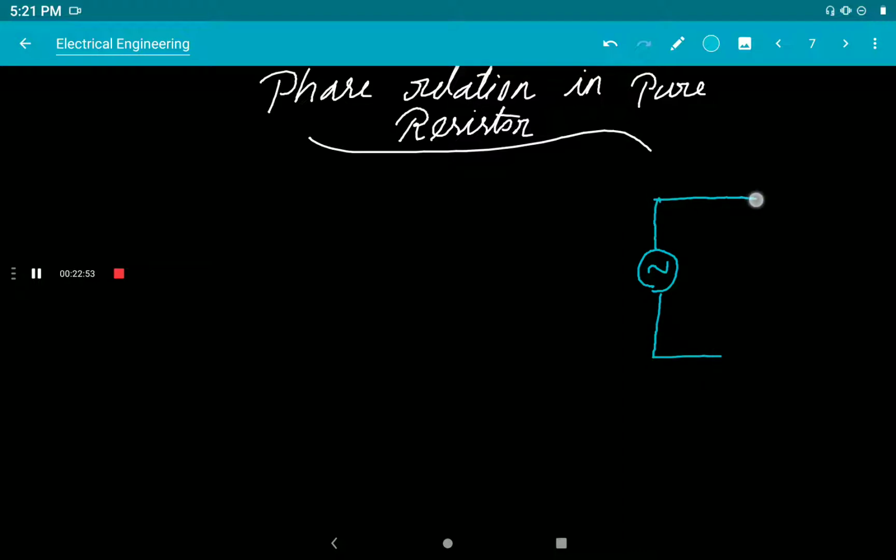A simple resistor is connected across a voltage V and the current is I. Then the phase voltage equation can be represented as, at a particular instant, an instantaneous voltage V of t. It can be represented as Vm sine omega t.